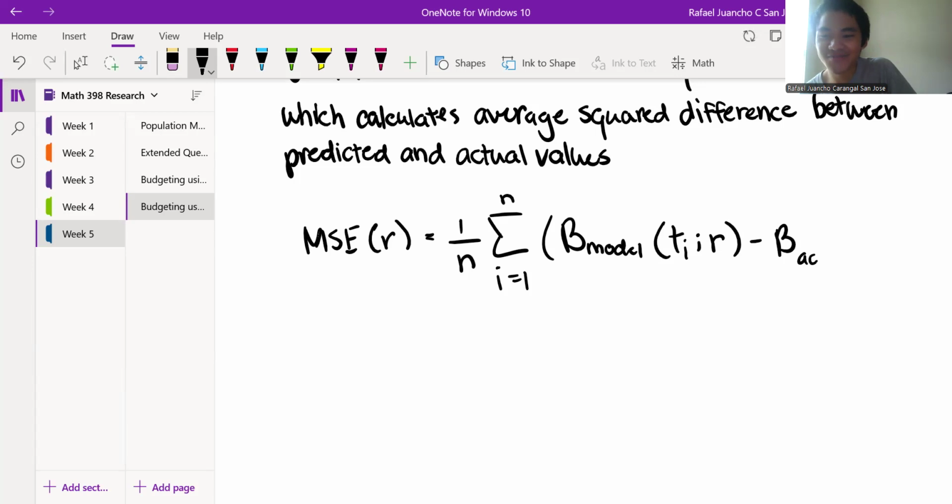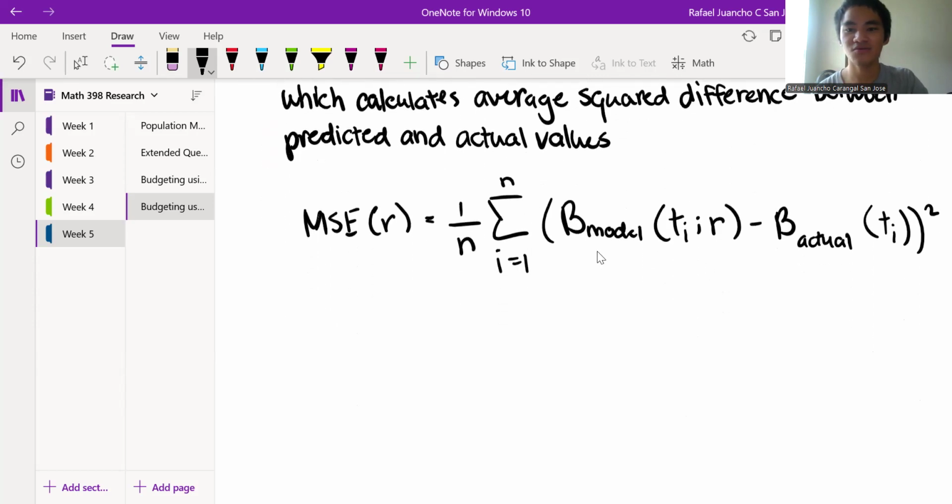And then my actual model, which gives me that thing at time i. I subtract them and then I square them, and then I do them again and again, right? That's why it's a summation.